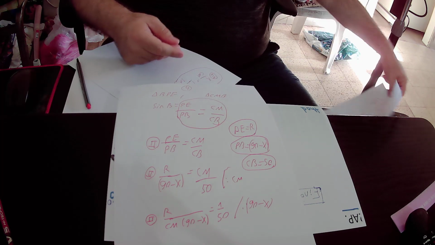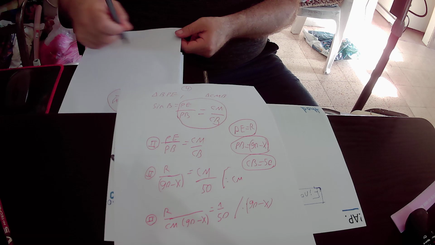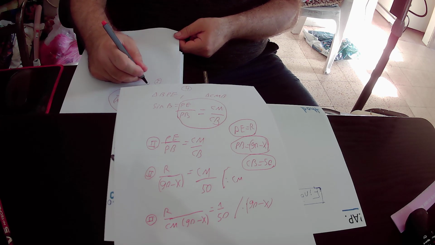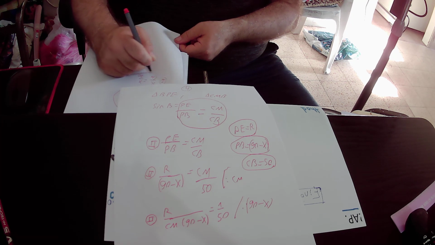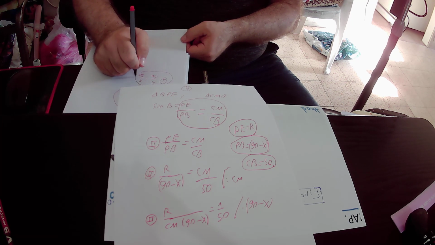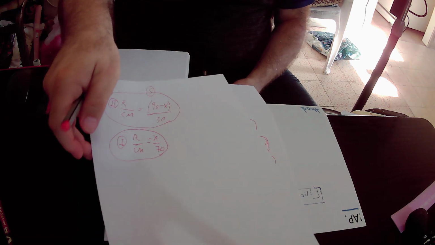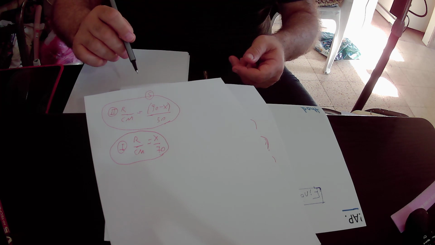So I will write down the expression of R over CM from the first equation, which is R over CM equals x over 70.